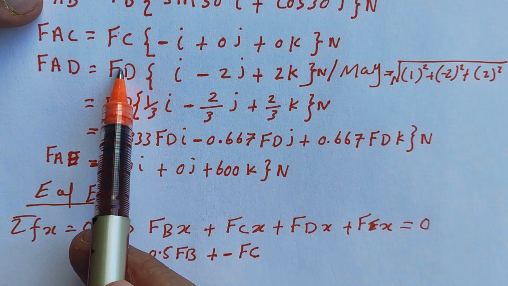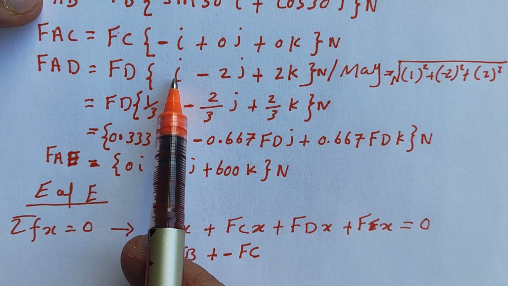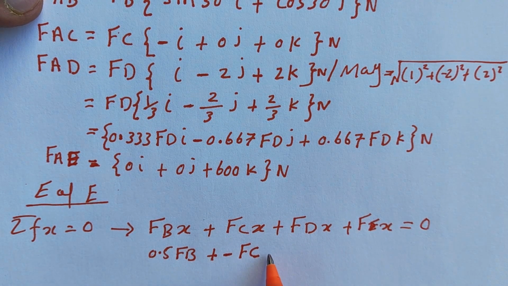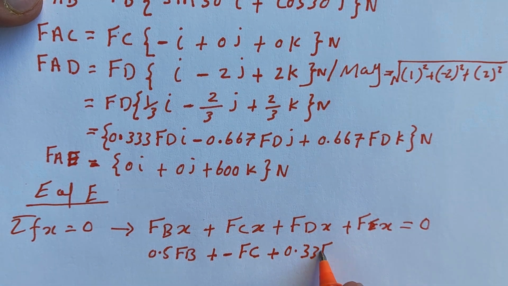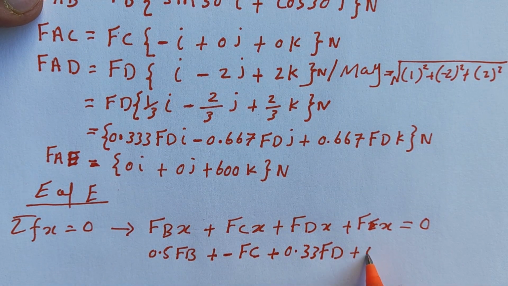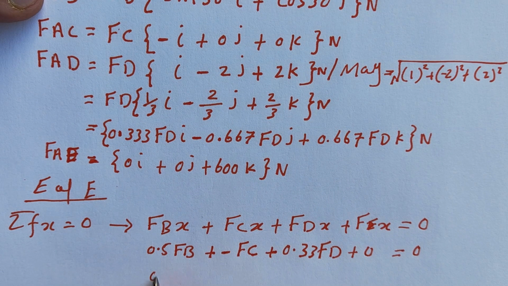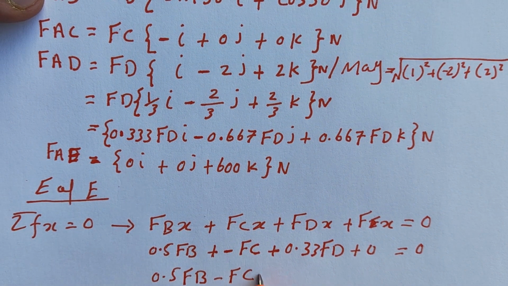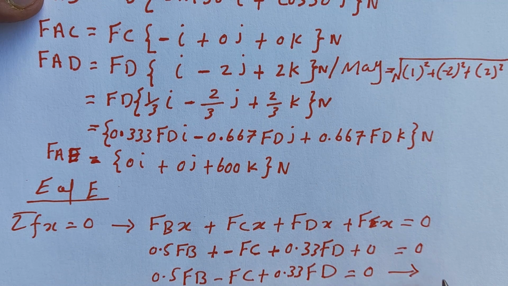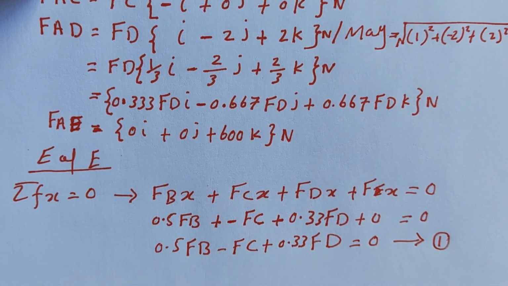What about FD? FD in this case is 0.33 FD, and again 0 for the FE. All of that should equal 0. Simplify this, it will be 0.5 FB minus FC plus 0.33 FD, all of this should equal 0. Let's number this as equation number 1.